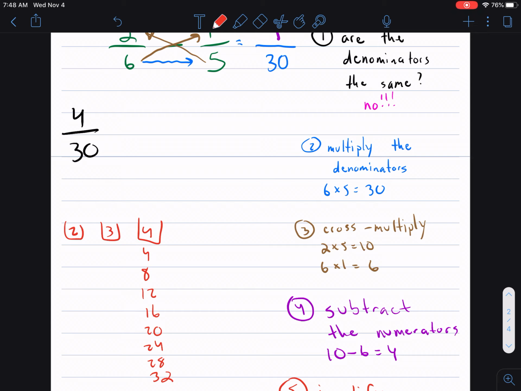Do you see 30? No, does not work. 3, 6, 9, 12, 15, 18, 21, 24, 27, 30. Do you see 4? No. So these do not work.